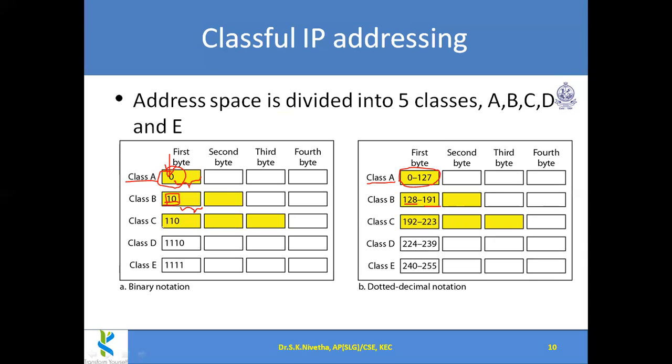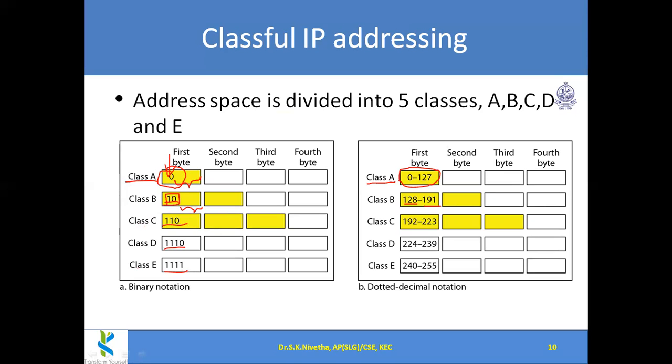And class C starts with 110, class D with 1110, class E with 4 ones. So this part we can remember. Once again, class A starts with 0, class B starts with 10, class C starts with 110, class D starts with 1110, and class E starts with 4 ones.